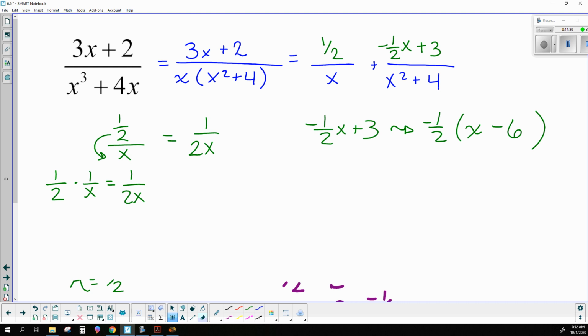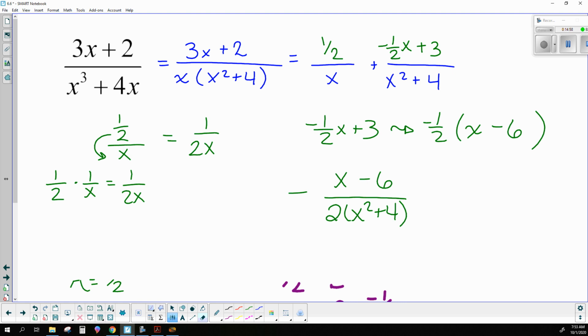I'm going to use this piece to fix my second term. So my second term would end up looking something like this, right? Instead of the plus in the term, it would be minus x minus 6 in the numerator and a 2x squared plus 4 in the denominator, like that.